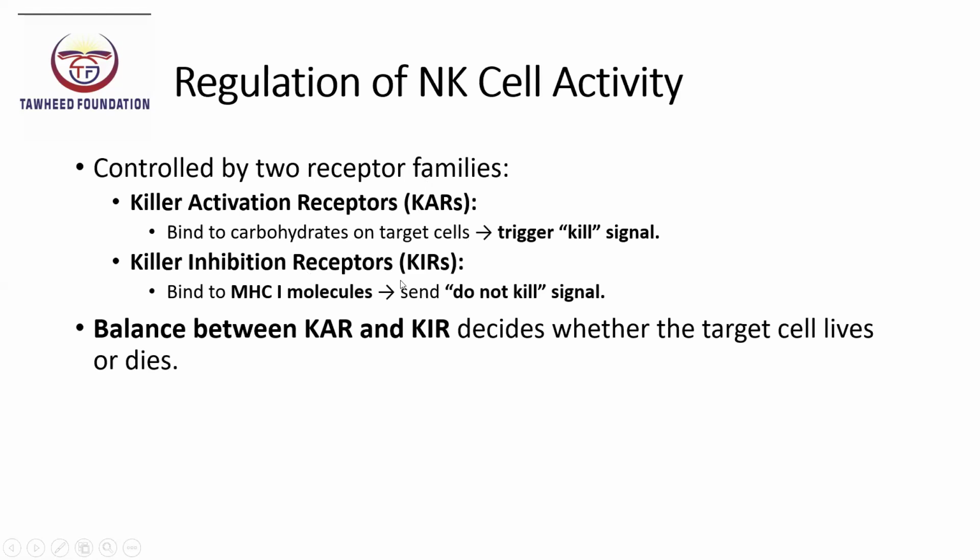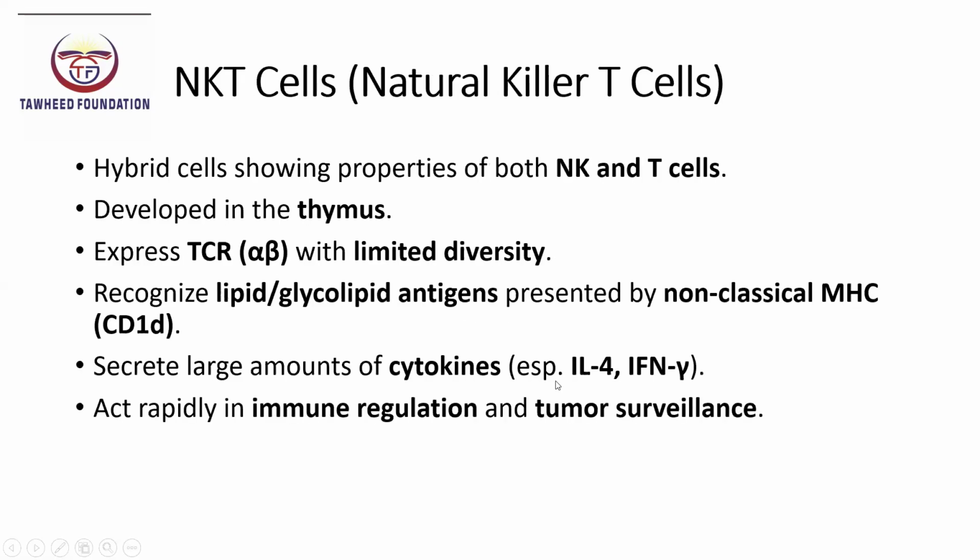Killer inhibition receptors bind to MHC1 molecules, delivering do-not-kill signals. So the balance between KAR and KIR determines whether the NK cell destroys or spares the target. Healthy cells with normal MHC1 are protected, whereas virus-infected or tumor cells with reduced MHC1 are selectively eliminated.